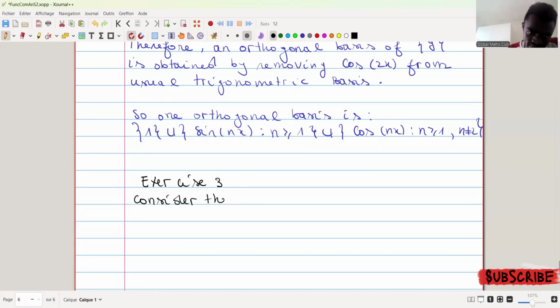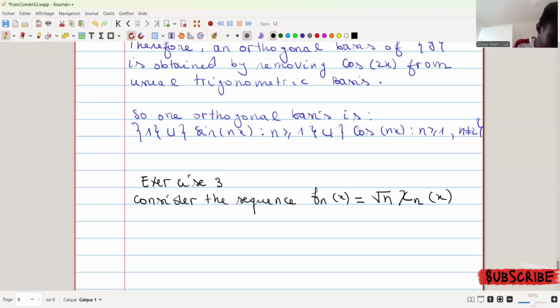So exercise 3. Consider a sequence given like this: f_n equals square root of n times a characteristic function, where they give the definition of the characteristic function for more precision, or the indicator function as you want.